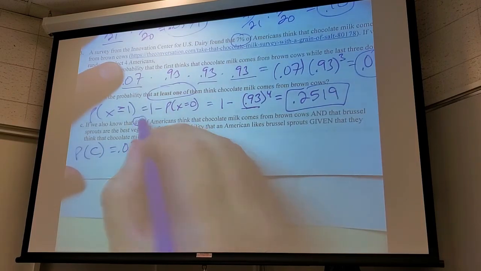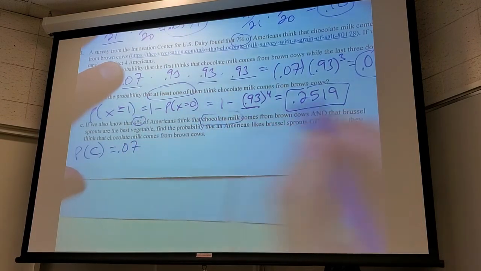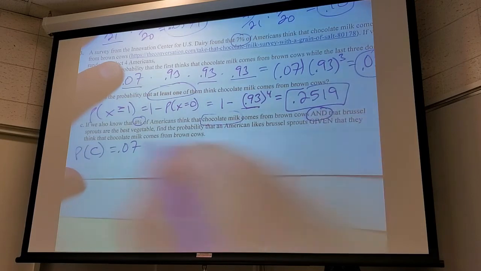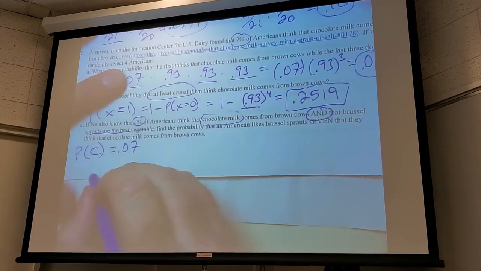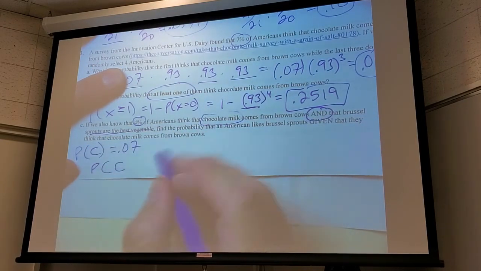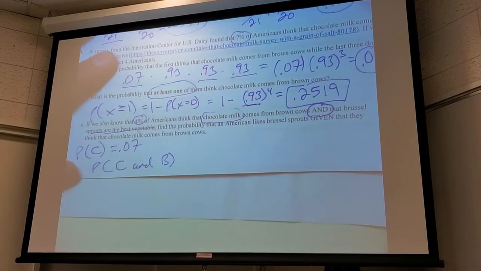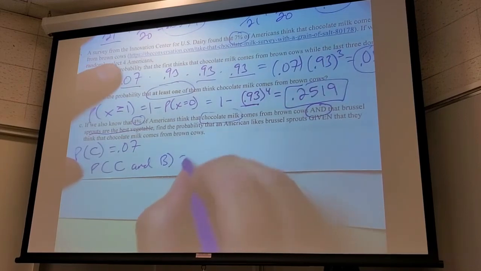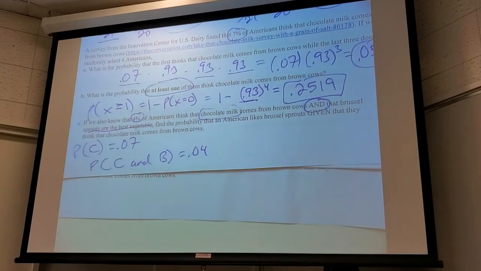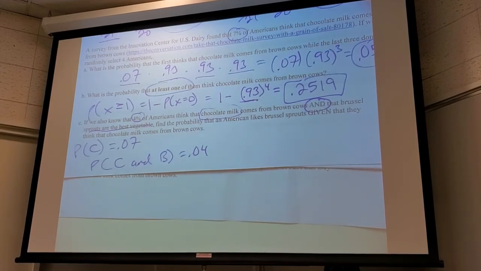So the probability that they think chocolate milk comes from brown cows and Brussels sprouts are the best is 0.04. So what I'm doing for myself is collecting the information in a form that will live in formulas.